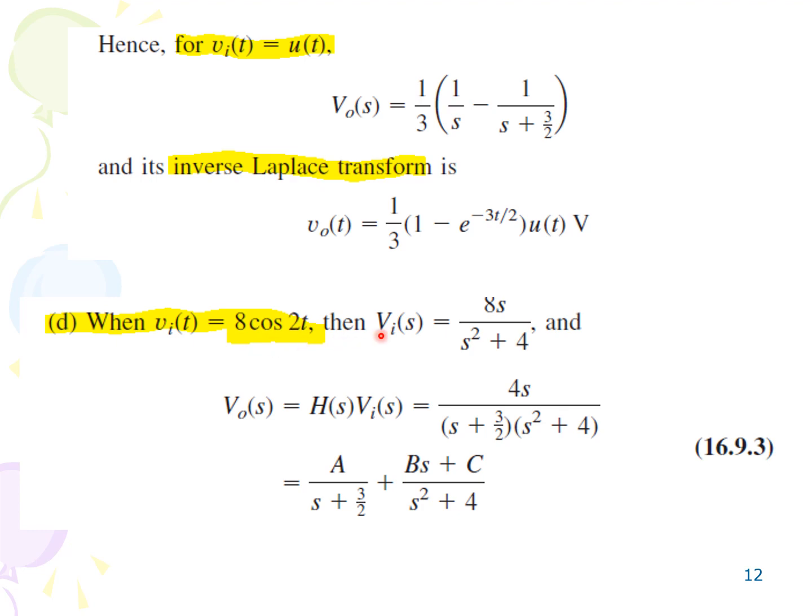First of all, because we are using the concept of the transfer function to make the problem easy for us, the input voltage in the s domain will be, we take the Laplace transform of 8 cos of 2t, so it will be 8 into s divided by s square plus 4. s divided by s square plus 4 is the Laplace transform of cos of 2t, because cos omega t has omega equal to 2. So s divided by s square plus omega square, and 2 square gives you 4.